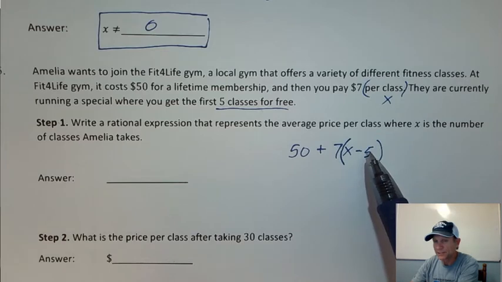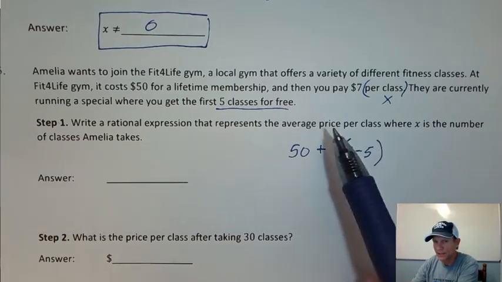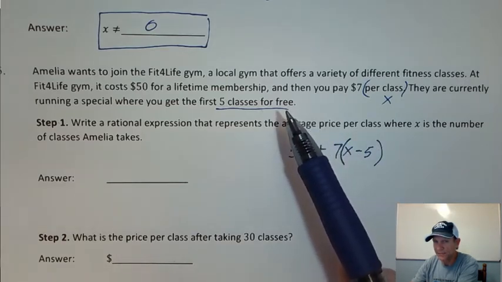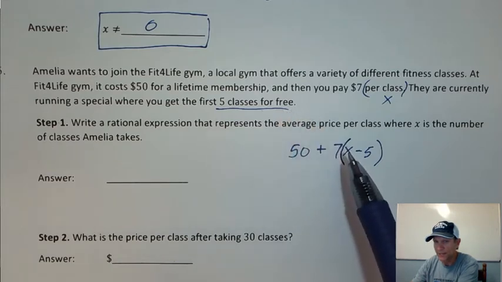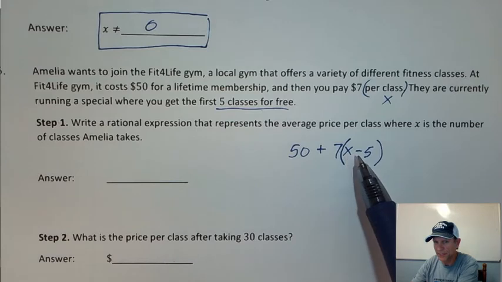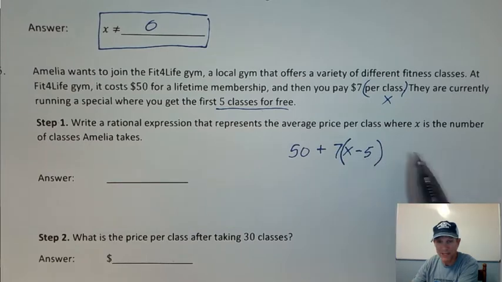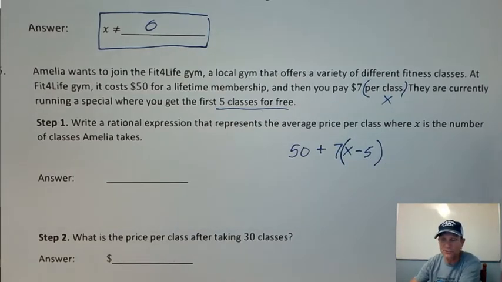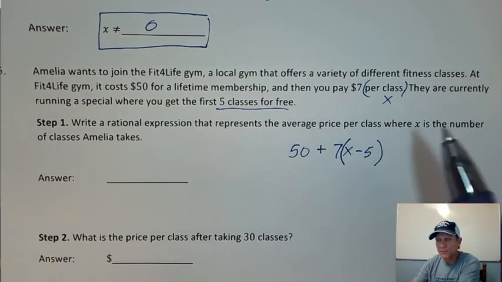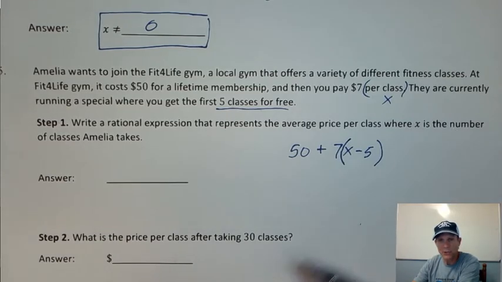But on the 6th class, you'd be paying for your first class, so 6 minus 5 is equal to 1. Writing equations is tricky. You have to mess around with them a little bit, and test numbers in there to make sure it makes sense with the information that's given.